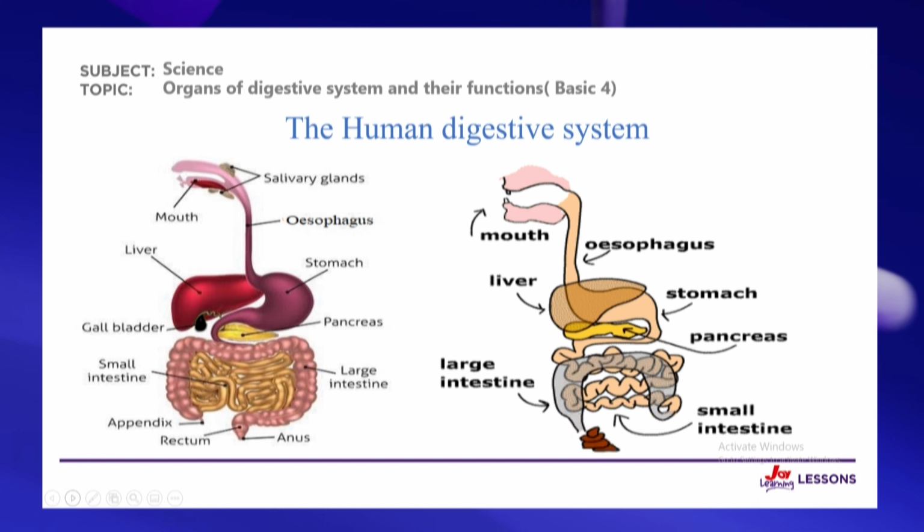These organs are parts of the digestive system. So we have the mouth, the salivary glands, esophagus, liver, stomach, pancreas, gallbladder, small intestine, large intestine, rectum, and anus.